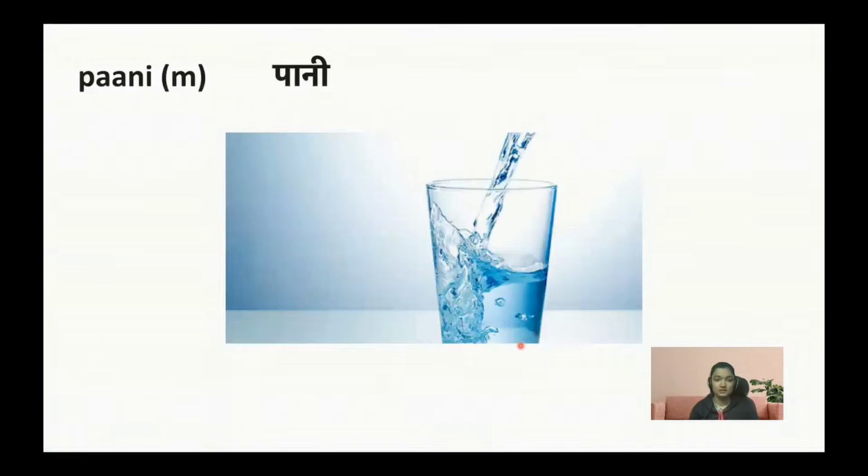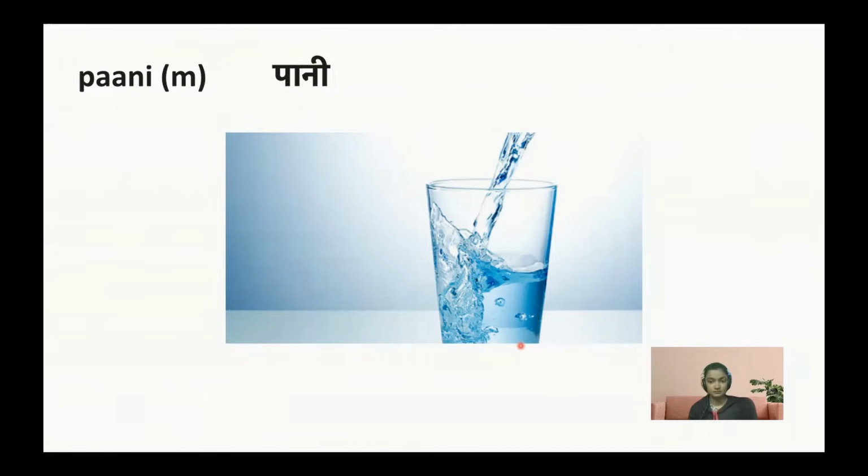The first one being pani. Pani for water. Pani gir gaya. Gir gaya means has spilled. Pani gir gaya. Gaya is masculine form of jana in past tense. So I'm using the right form of the verb to correctly refer to the word pani.